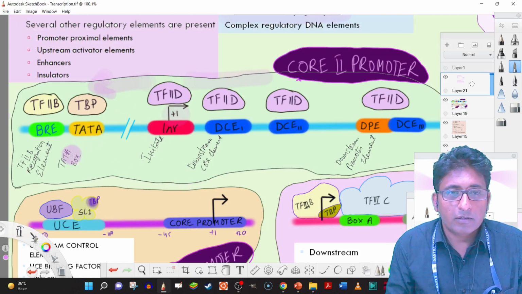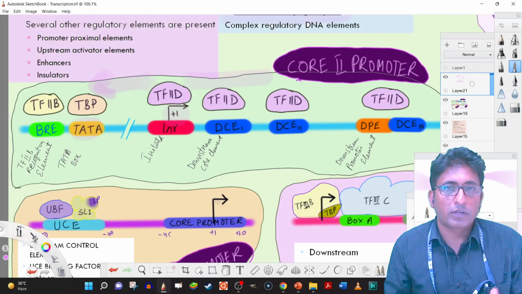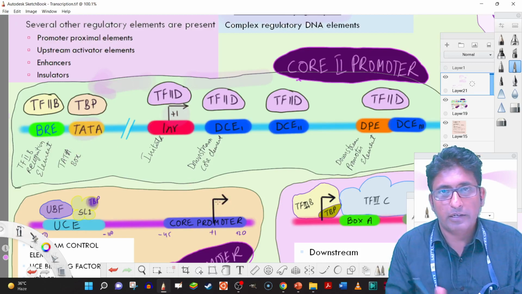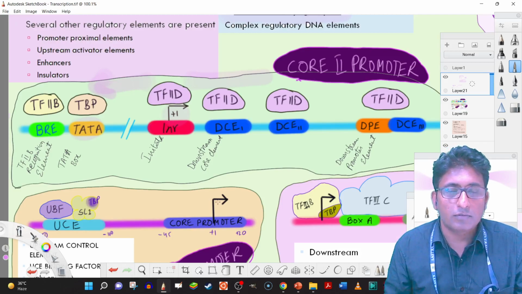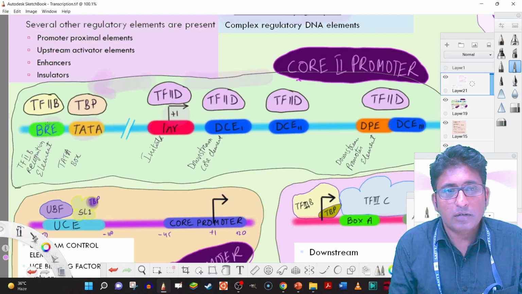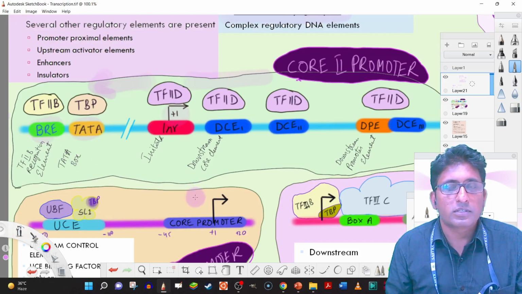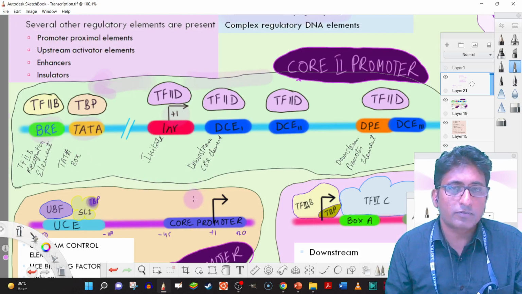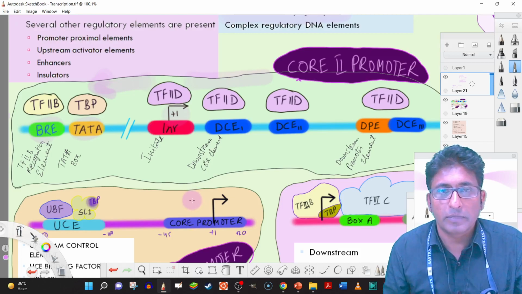What we have here is a TATA box, which is rich in TA regions. Because it is TA-rich, there are likely fewer hydrogen bonds, so it is easy for melting to occur. There is also another region called BRE, which stands for transcription factor 2B recognition element.